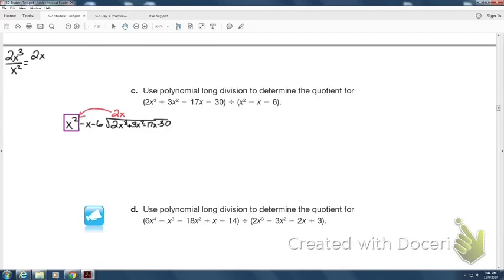So 2x times x squared is going to be what? 2x cubed. 2x times negative x is going to be what? Negative 2x squared. And then 2x times negative 6 is going to be what? Negative 12x.